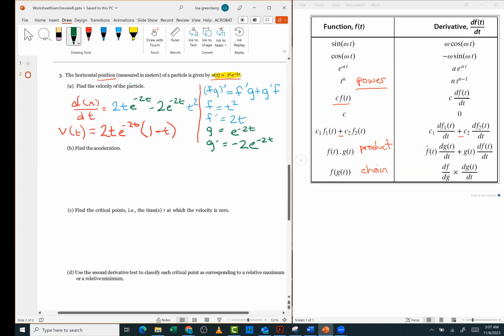Next, it says find acceleration. Well, what's acceleration? Acceleration is the derivative of velocity. So again, I have to take the derivative of this function. And now this function has 3 things multiplied together.